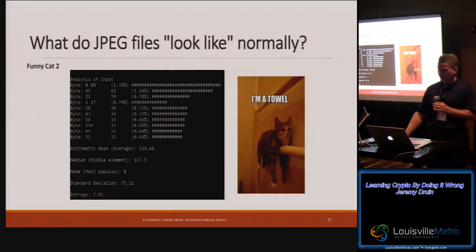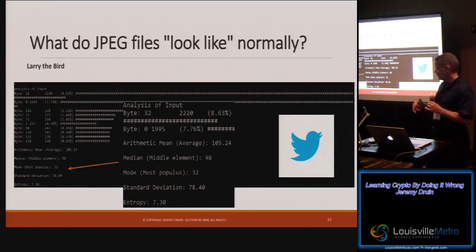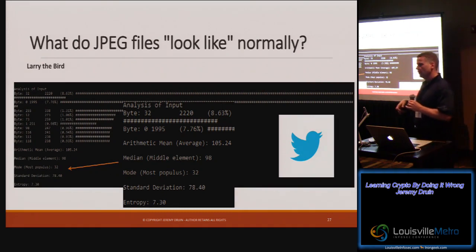And this trend continued. On the second picture of the cat, it's a little bit different, 1.76% zeros, still very dominant. On the third picture, again, 0 was very dominant. Then when we got to the fourth picture, Larry Bird actually broke the mold, because Larry Bird had byte 32, that's space, as the most popular.